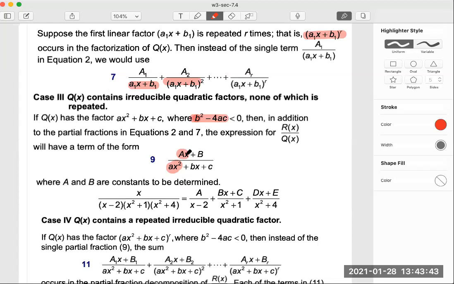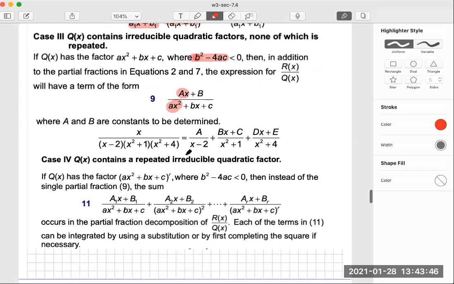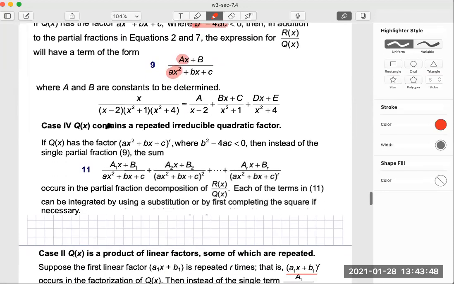Similar idea in the fourth case: if this irreducible quadratic factor is repeated, raised to the power of r, what should we do? It is proven that we can write it as a sum of these: the irreducible quadratic factor in the denominator, then that raised to the power of 2, etc., until this to the r.